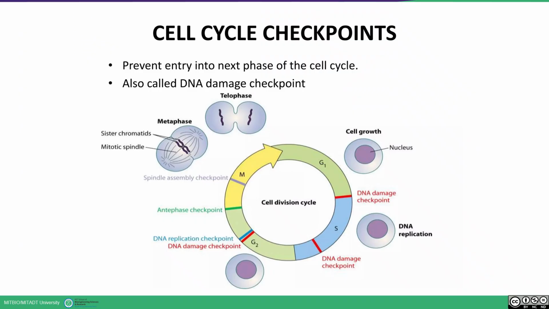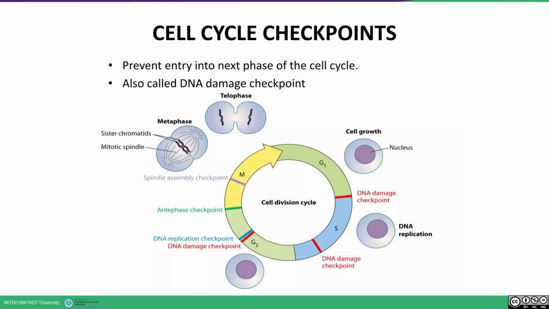The next important topic is cell cycle checkpoints. These checkpoints are a surveillance system because they monitor cell cycle progression. They prevent DNA damage, incomplete replication, and chromosome segregation errors. They function like a quality control system in a factory.